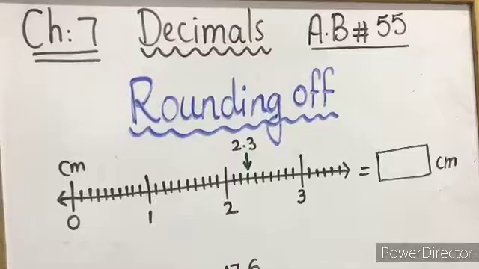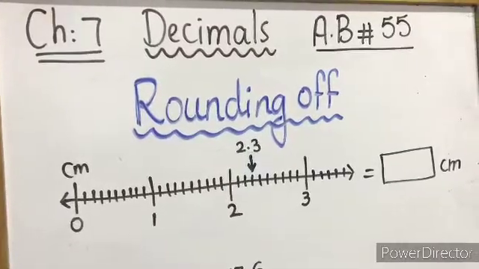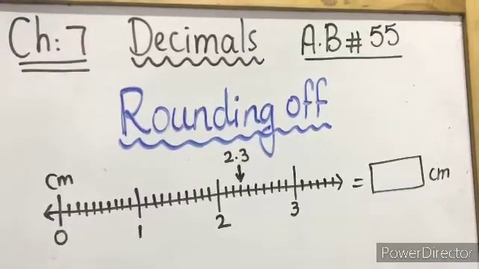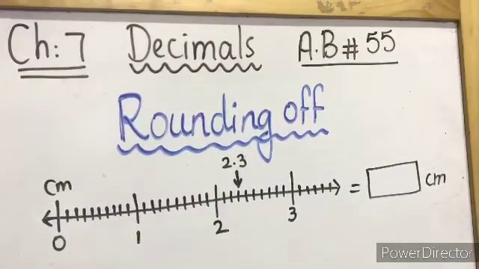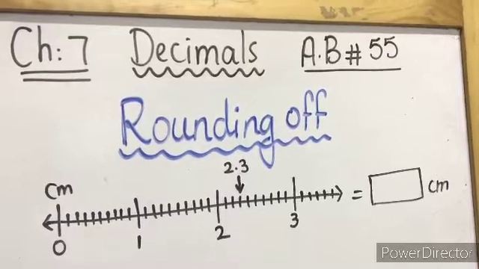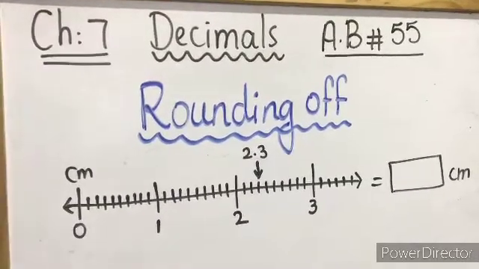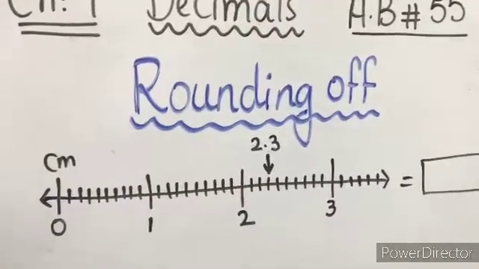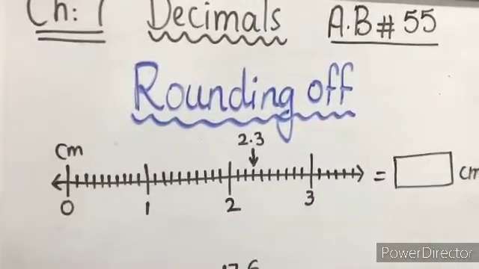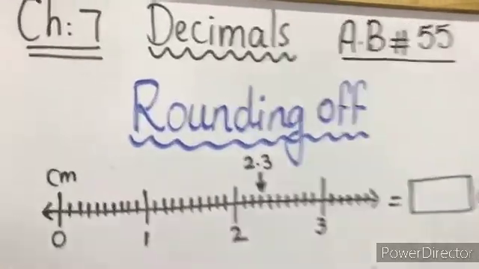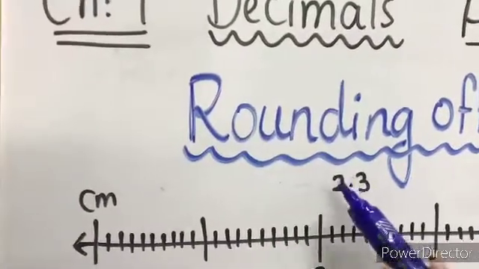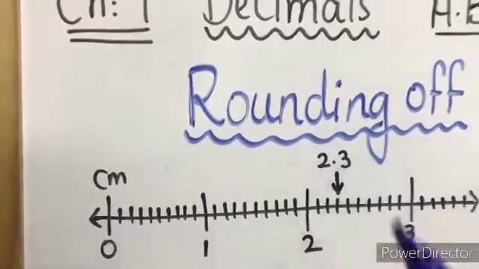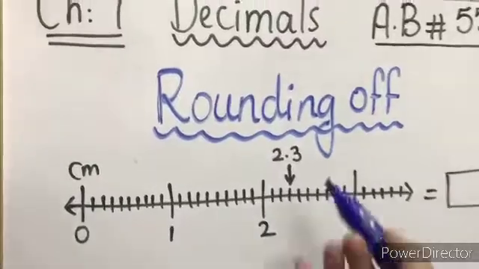Yes students, please open activity book page number 55. Your question number 1 is: round off the measurements in each of the following to the nearest whole number. In question A, they are giving you a number line and one point, which is 2.3. We will see the decimal portion, that is 3.